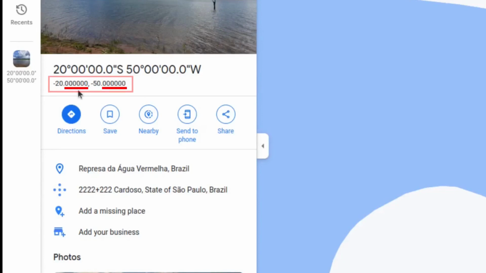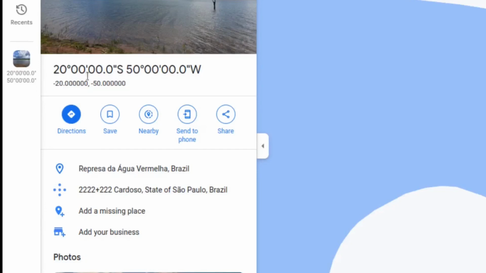In decimal degree format, the fraction of degrees after the decimal point represents the portion of minutes and seconds. And this is DMS format, or degrees, minutes, and seconds. We have the degree here, and the letter S indicates that the location is south of the equator because the latitude is negative.